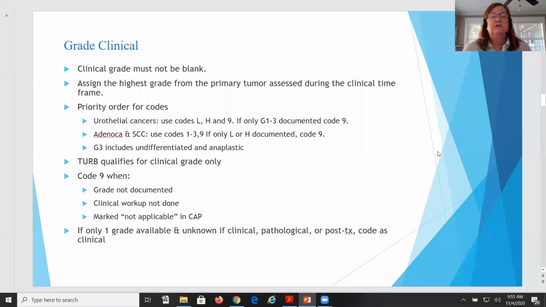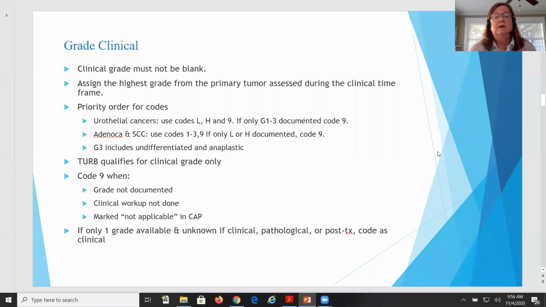If the histology is an adenocarcinoma or a squamous cell, the priority codes are 1 through 3 and 9. If only L or H is documented, you're going to code as 9. This will be the same instruction for grade pathological and grade post-therapy. Grade 3 also includes undifferentiated and anaplastic. A TURB qualifies for a clinical grade only.